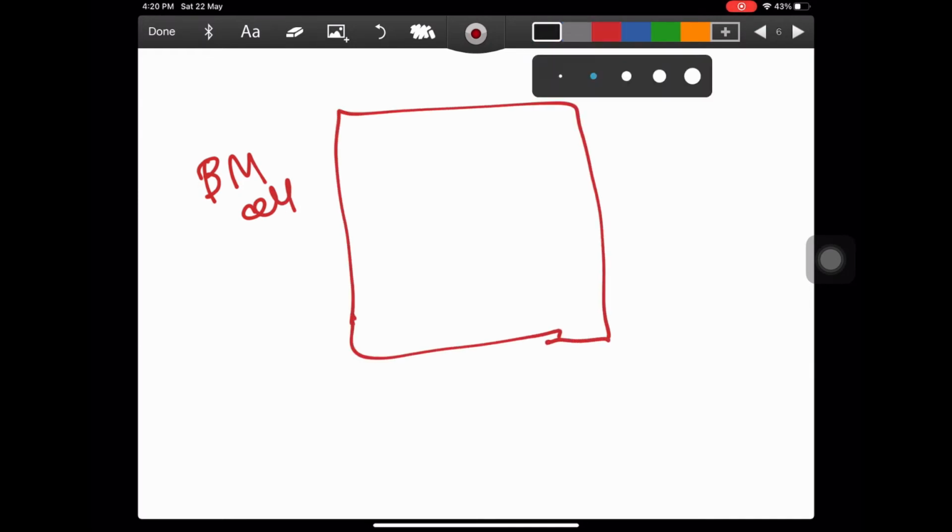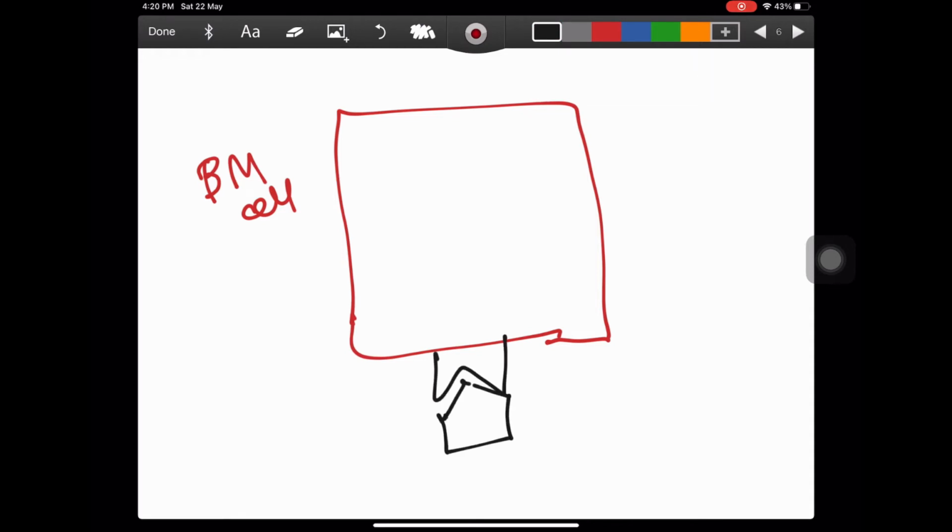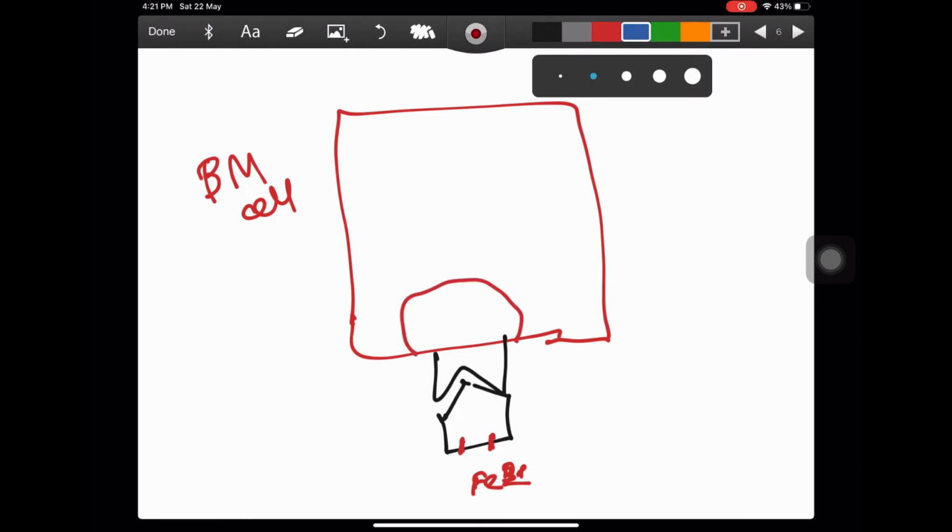There's a big bone marrow cell, and a transferrin receptor here. Transferrin binds to this receptor. It is carrying 2 molecules of Fe3+, and it goes in. It is endocytosed.